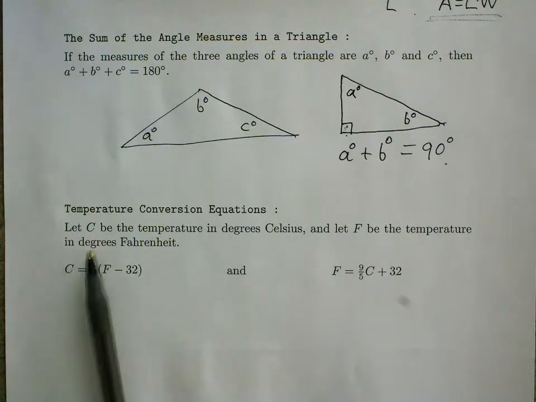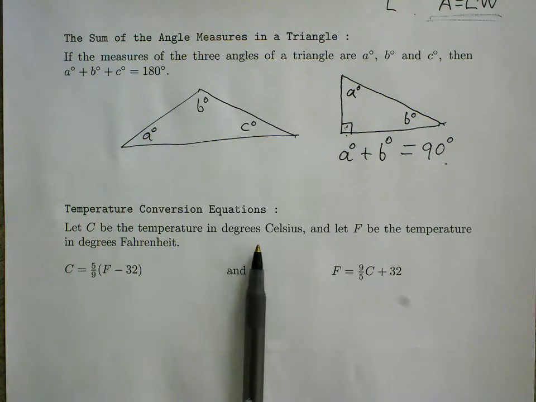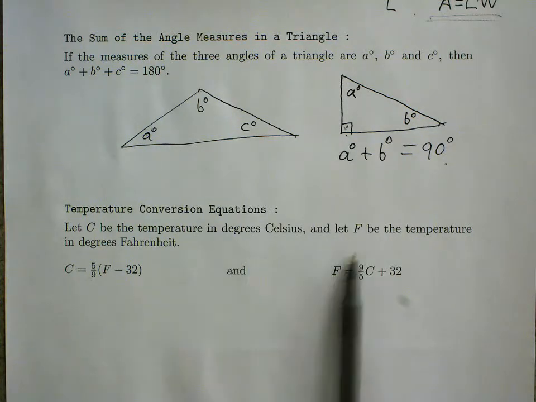So let capital C be the temperature in degrees Celsius, also referred to as the centigrade scale, and let capital F be the temperature in degrees Fahrenheit.